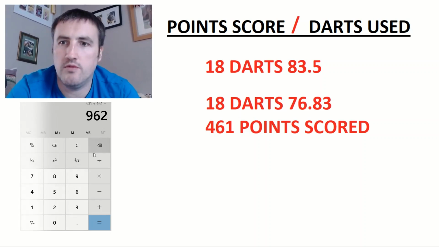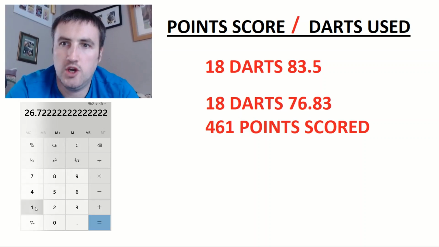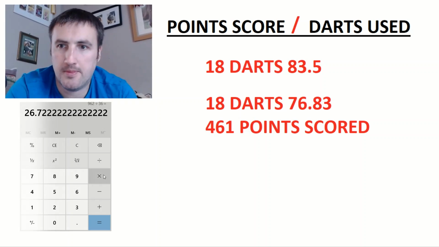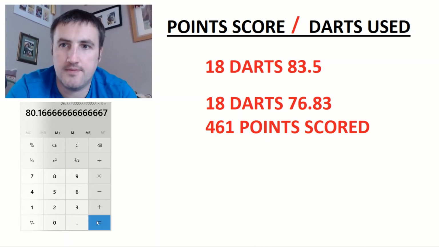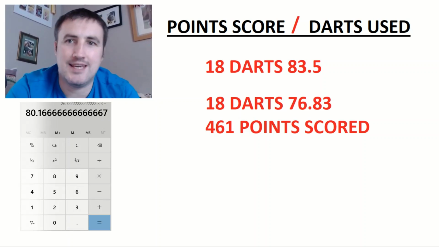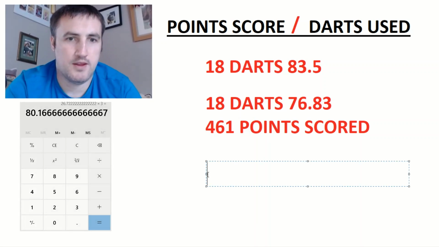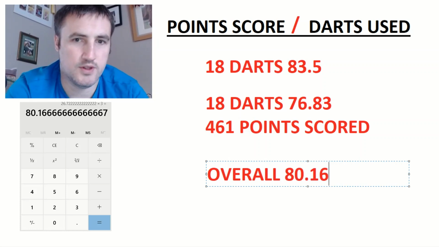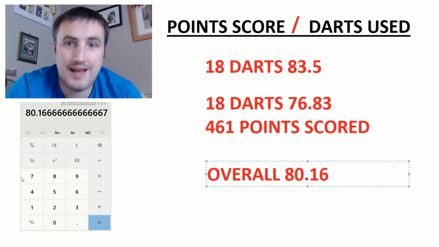I have thrown 36 darts, which gives me an average for that match of 26.72. Times that by 3. I've averaged 80.16. So we put here overall 80.16. And that's how simple it is, guys.